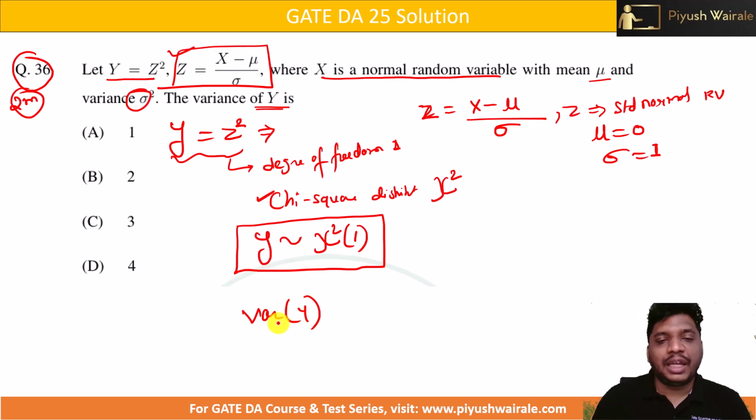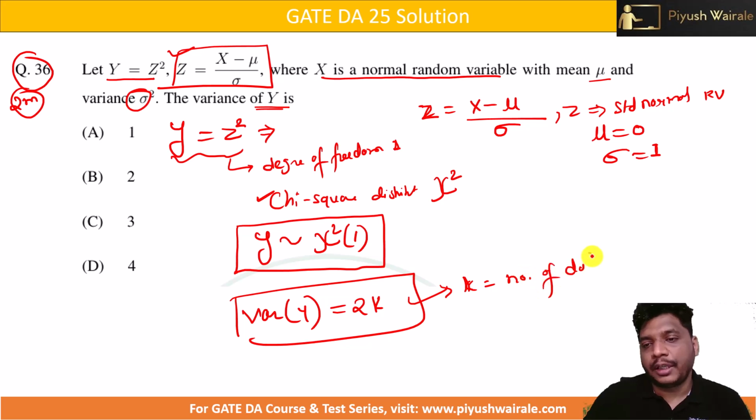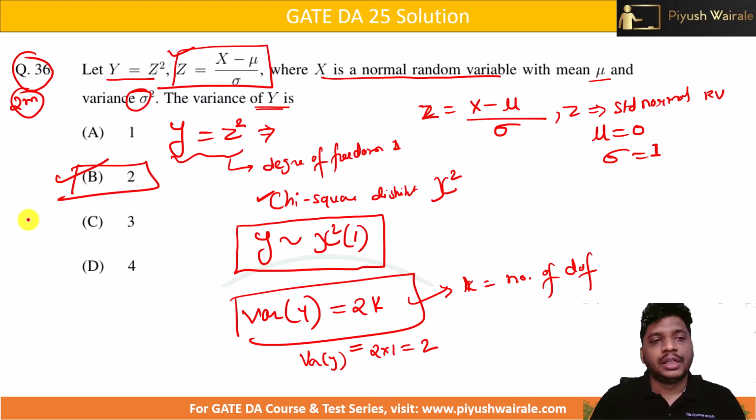The variance of y is equal to 2k, where k is the number of degrees of freedom in the chi-square distribution. Here the value of k is equal to 1. So the variance of y is 2 into 1, which is 2. Simple question for 2 marks. So option B is correct.